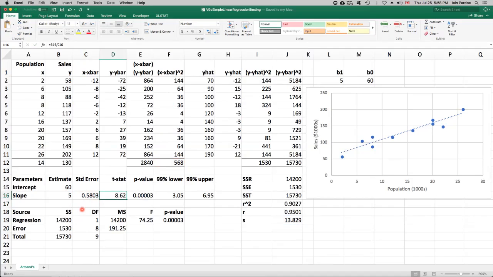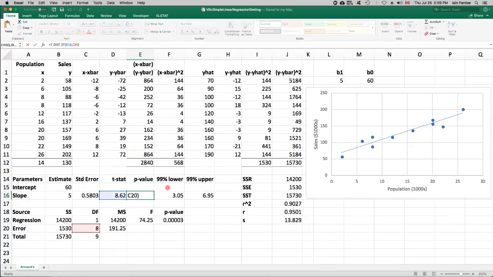To assess this using a hypothesis test, we're going to do a two-tail hypothesis test, where the null hypothesis is that the slope is 0 in the population versus an alternative hypothesis that the slope is not 0. For a two-tail test, we'll use t.dist.2t to get the p-value, and the degrees of freedom is the same degrees of freedom we used when we calculated S. For simple linear regression, it's sample size minus 2. Sample size is 10, 10 minus 2 is 8.